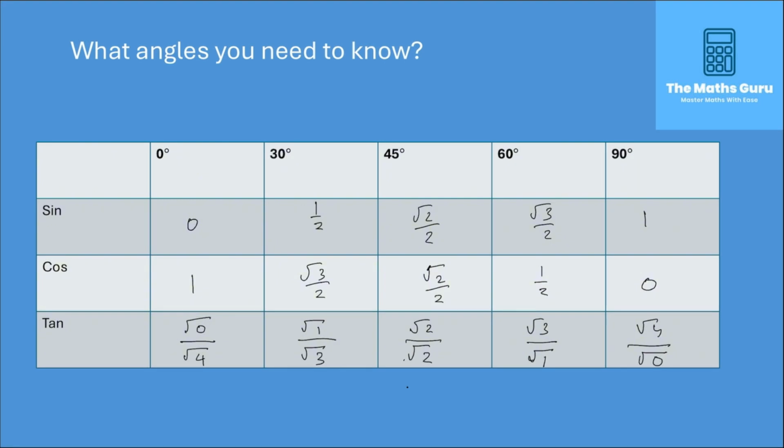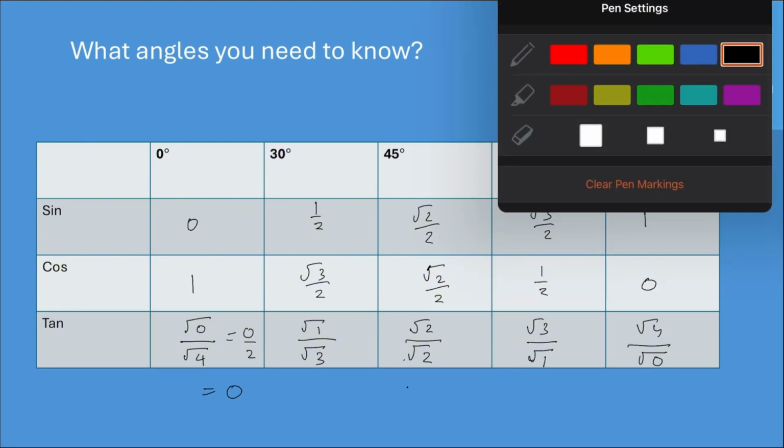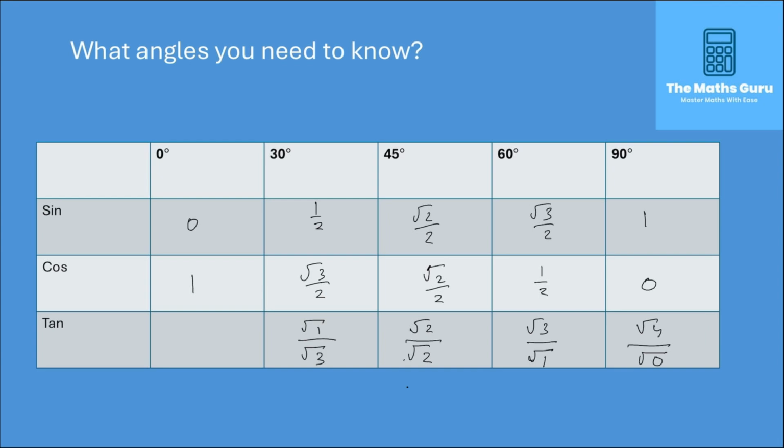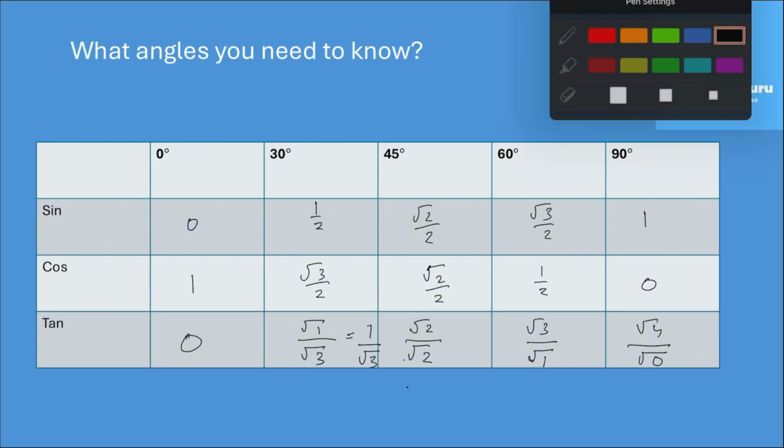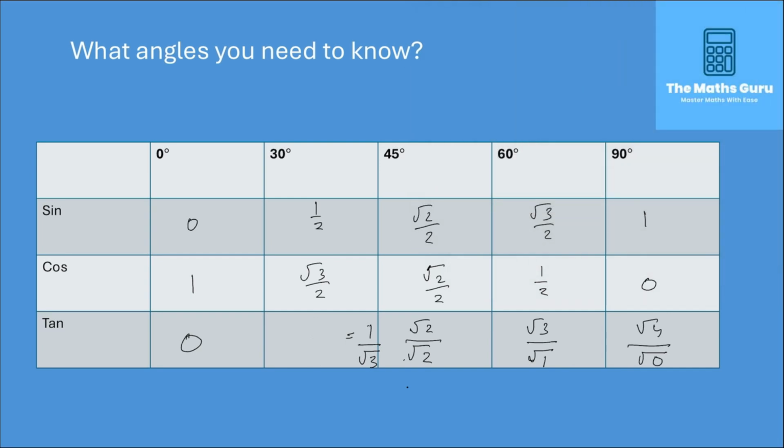Now if we simplify this, looking at the first one, tan of 0 degrees, we have root 0 over 2, which is equal to 0. Root 1 over root 3: the square root of 1 is 1, and the square root of 3 you can't simplify, so that's 1 over root 3.